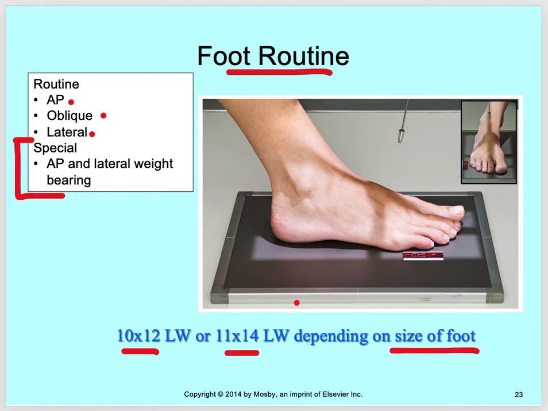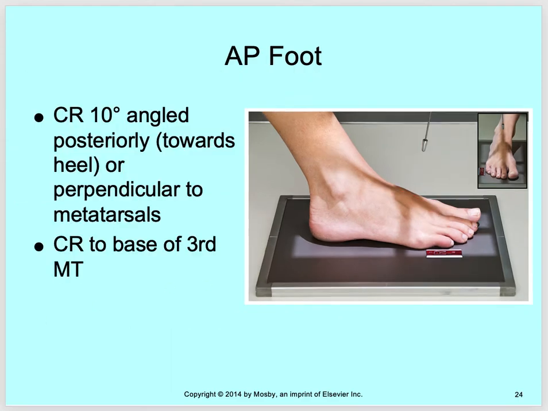You may even need to use, say, 14 by 17, for somebody with extremely large feet. You're going to use an angle here, and that's because your toes are coming up at an angle, and if you were to come 0 degree, you're going to close all of those joint spaces. So this angle is to ensure that those joint spaces are open when you create that image.